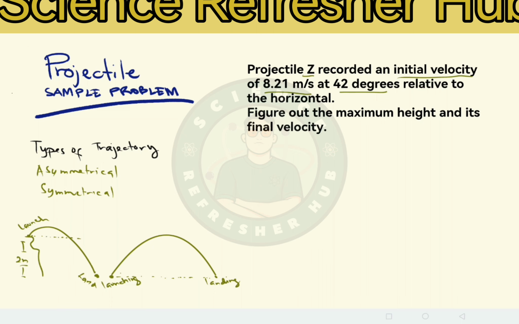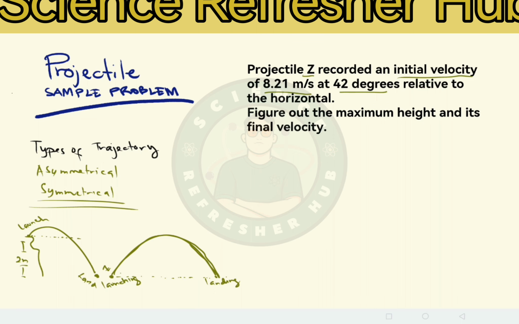So in this problem, an initial height is not provided. Therefore, we can assume that this kind of problem talks about a symmetrical trajectory. So a projectile is moving in this curved parabolic path or trajectory at an initial velocity of 8.21 meters per second and 42 degrees relative to the horizontal.